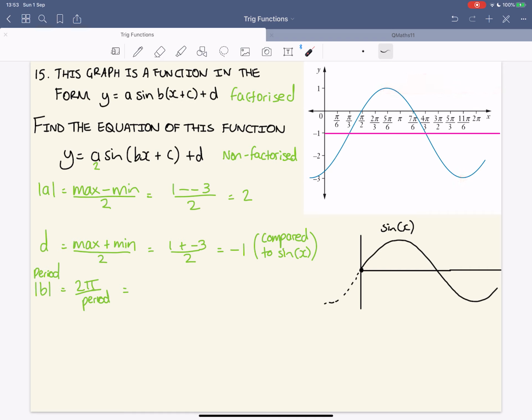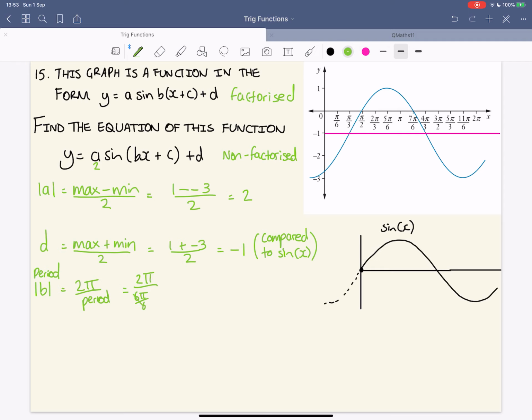So at the moment, this is 11 pi on 6, and we need to go to, yeah, it's there. It's 5 pi on 6. So what's that distance? 11 pi on 6 minus 5 pi on 6, and that'll give us the difference, which is in between. That'll be 6 pi on 6, right? So I'll write that down. 2 pi on 6 pi on 6.